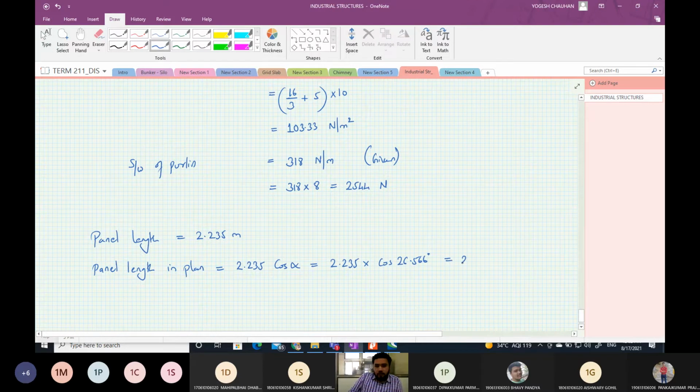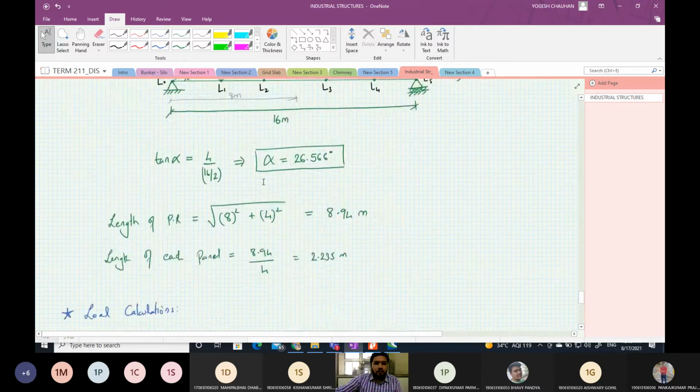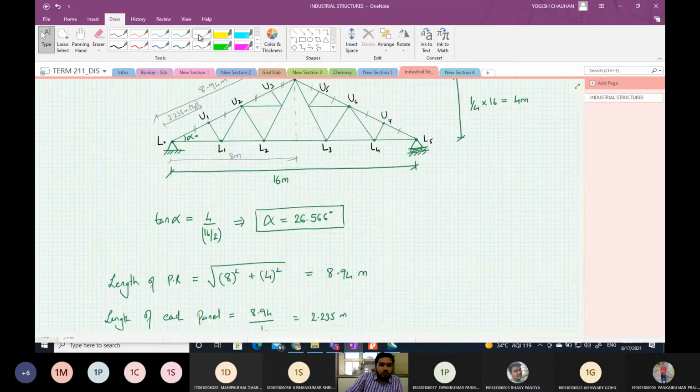So that will be 2 meter. What it means is that the plan length of this panel is 2 meter.